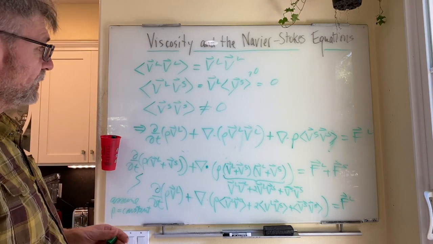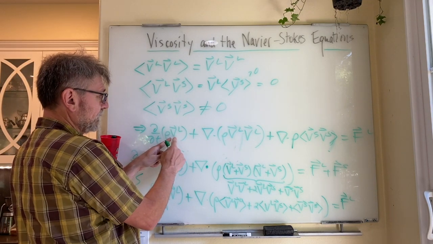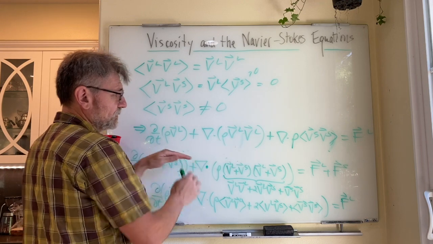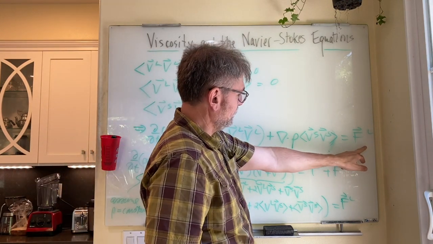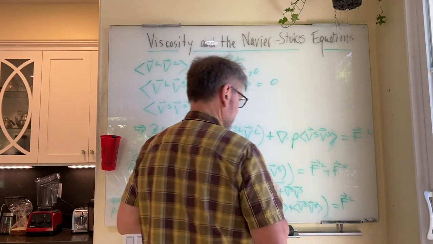And this equation looks a lot like the original equation we had, right? Except now V is replaced with VL in these terms. This is the original equation. This was there, except it was the full F. But we have this new term. So this one here, this is a new term.